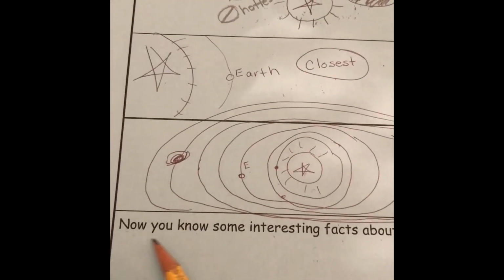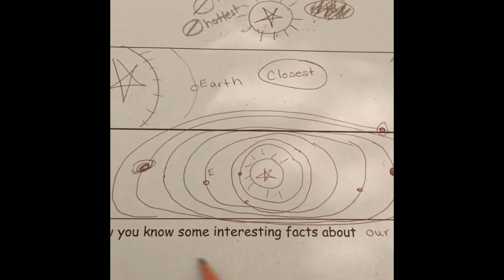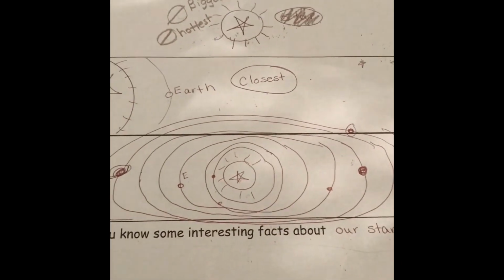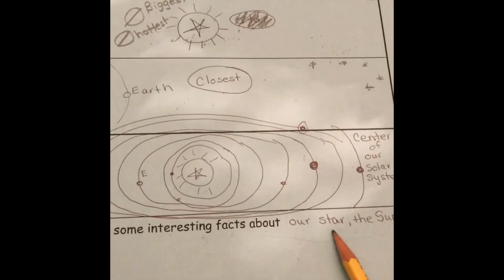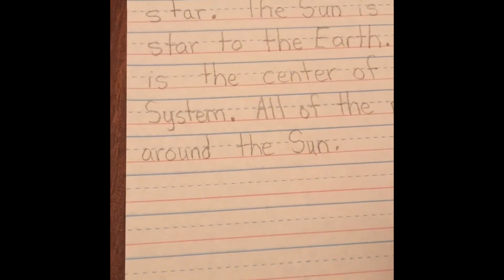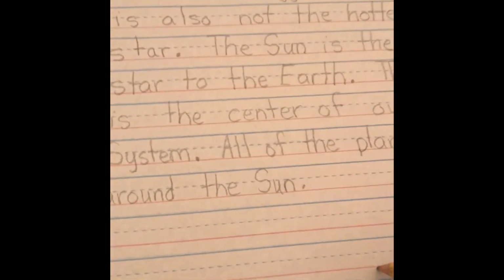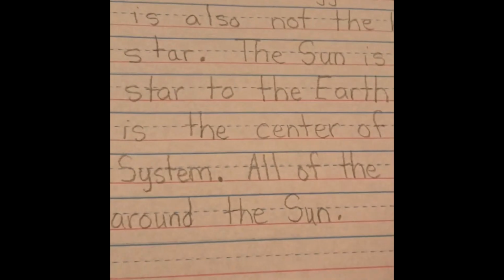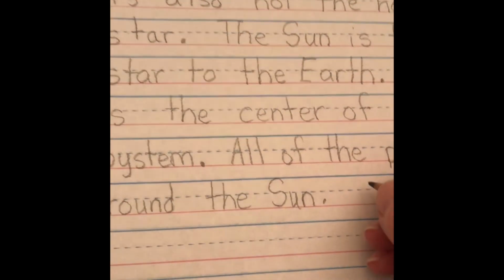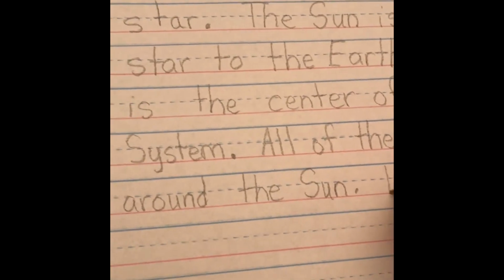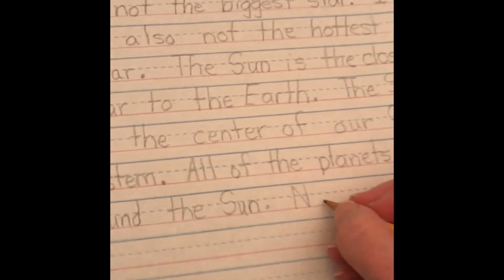But what you're doing for this one, this is the closing sentence, and you are just going to copy this sentence stem and then how you finished it onto your paper. And then you'll have your finished informational writing that you'll be ready to present to your listener, which hopefully will be me. So I'm going to copy it now in my best printing.